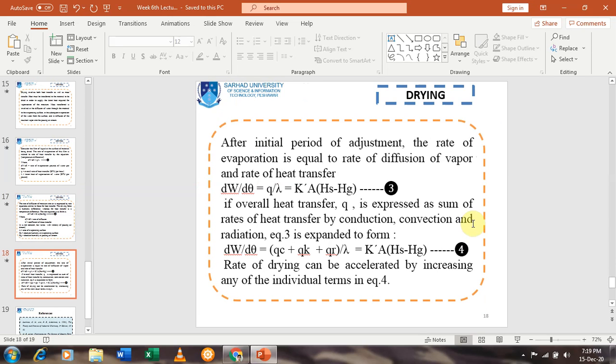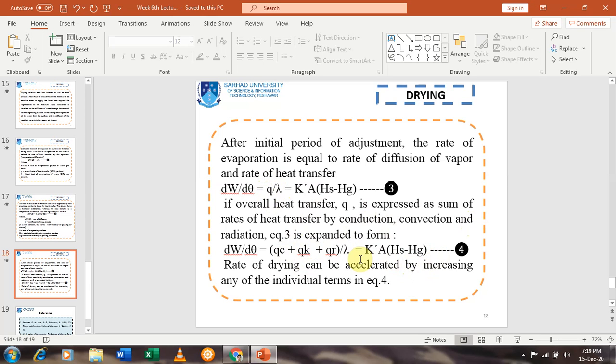After an initial period of adjustment, the rate of evaporation becomes equal to the rate of diffusion of vapor and the rate of heat transfer, and thus equation number 1 becomes equal to equation number 2. Putting in the overall rate of heat transfer, expressed as the sum of the rates of heat transfer by conduction, convection and radiation in place of Q, we obtained equation number 4.